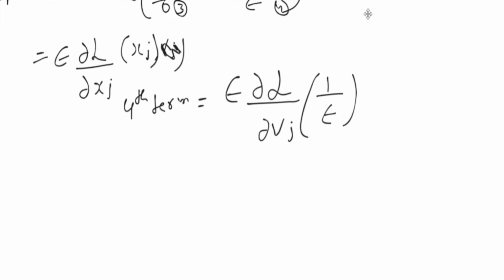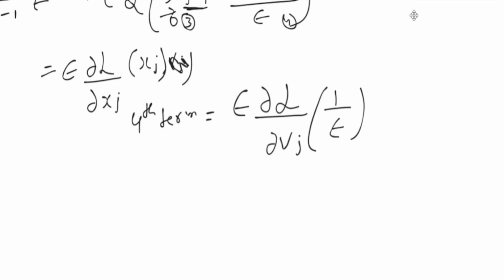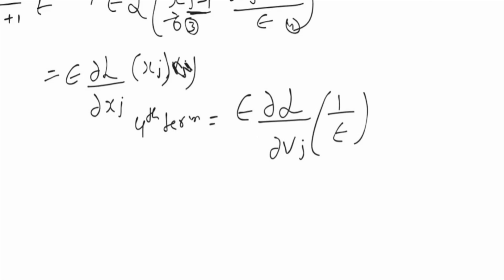Look, here in this term, this xj minus 1, this is Vj, velocity, because change in distance upon time is equal to velocity. So we can write this term as Vj.